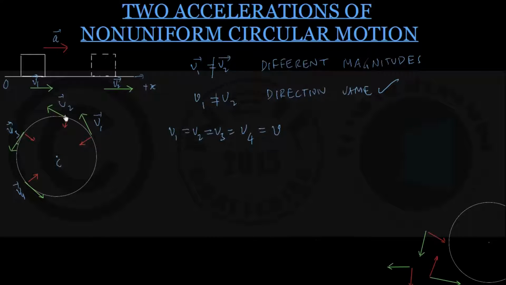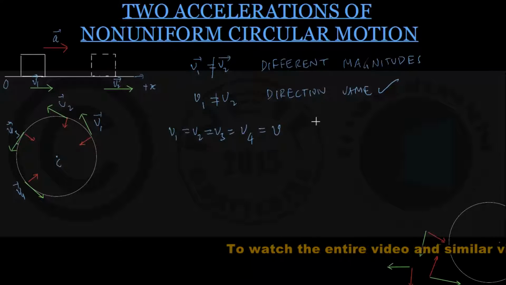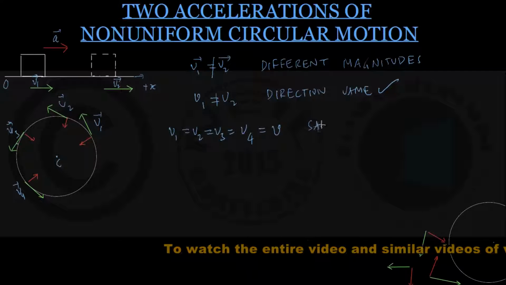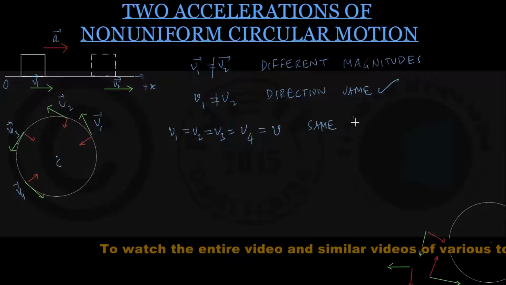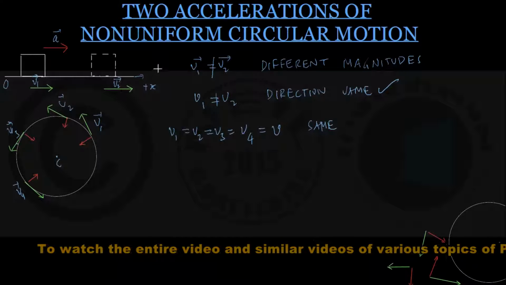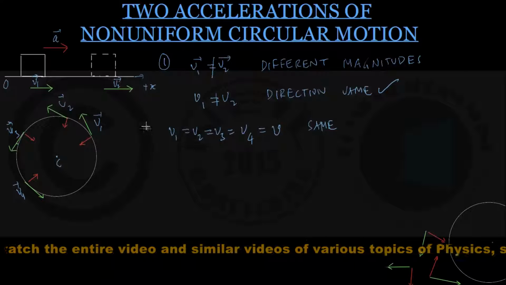And so on. And you can see everywhere as the particle moves in a circle, the direction of v keeps on changing along the tangent. So here is the case where you found the magnitude remains the same. In uniform circular motion, the velocity vector, this was my case number 1, that was straight line motion.